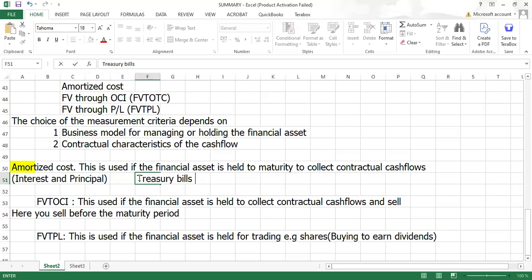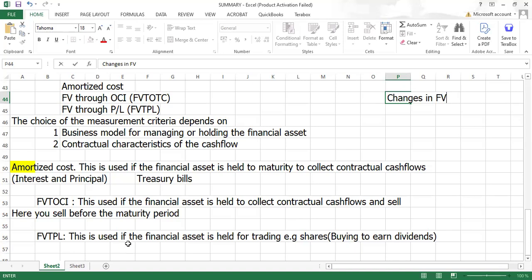So why do we say fair value through OCI or through profit or loss? It's because you'll be having changes in fair value. Remember, the fair value cannot remain the same. So with changes in the fair value, the gain or loss, where should you recognize it, under OCI or profit or loss?